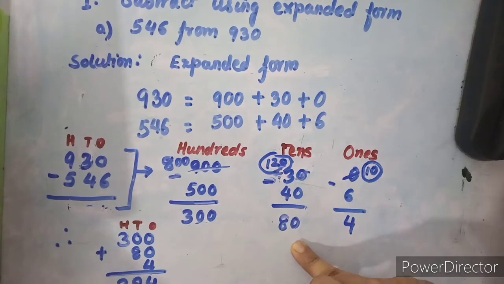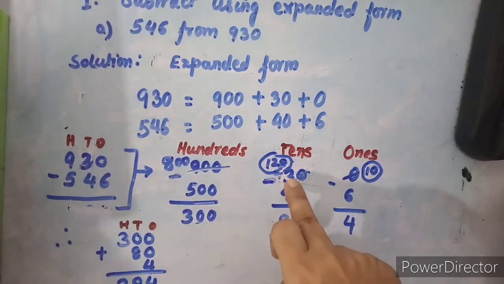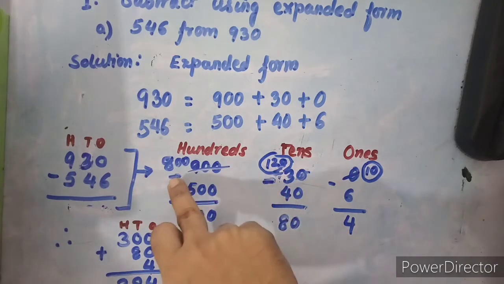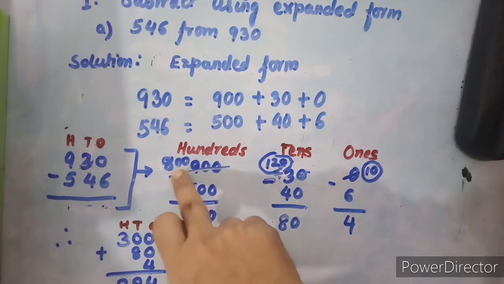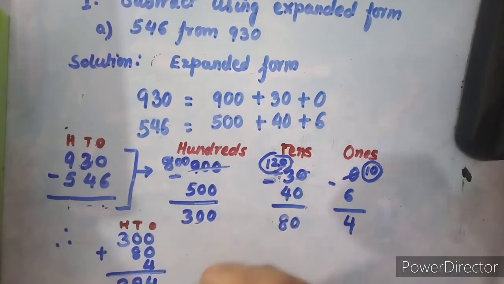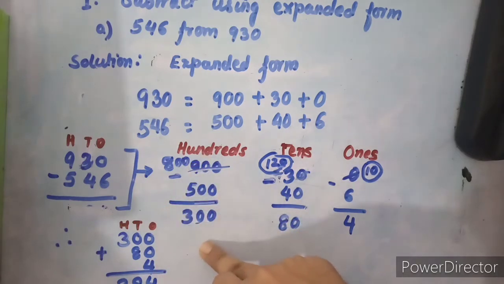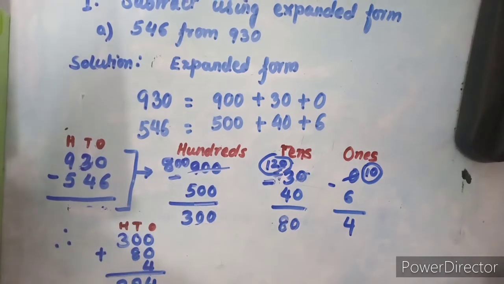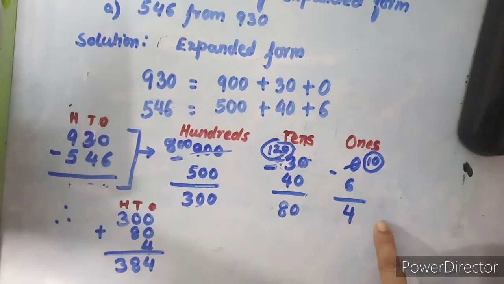Okay, it is 80. Now again, as you have borrowed 100 from here, you just write 900 as 800. So 800 minus 500 will give you 300. Now what you need to do is add all these numbers.